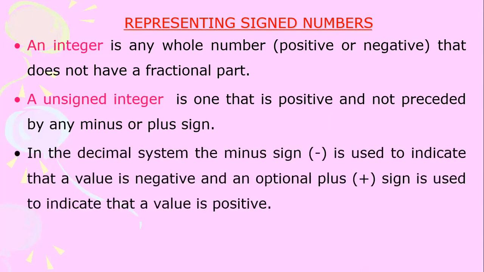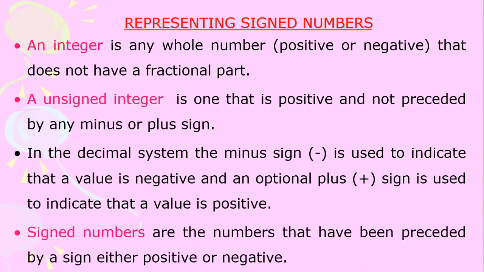In the decimal system, the minus sign is used to indicate that a value is negative, and an optional plus sign is used to indicate that a value is positive. Signed numbers are therefore those numbers that have been preceded by a sign, either a positive or a negative sign.